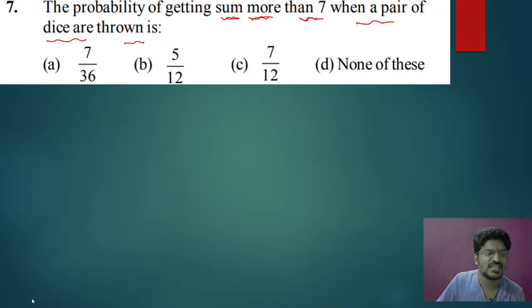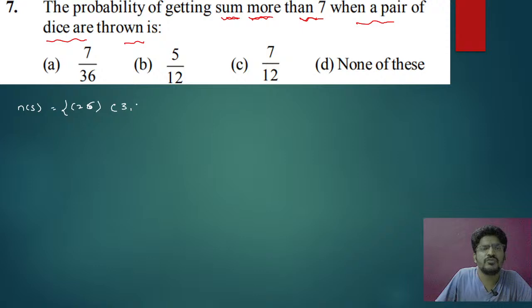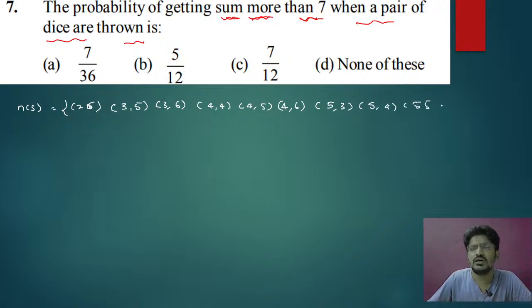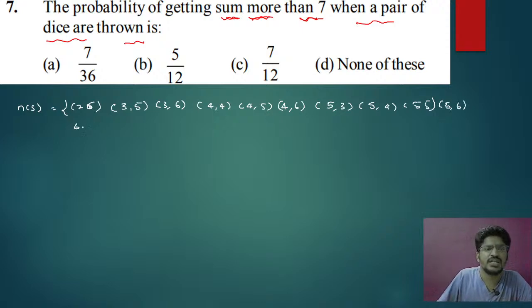So you just collect the number of sample spaces. The sample spaces with sum more than 7 are: 2,6; then 3,5, 3,6; then 4,4, 4,5, 4,6; then 5,3, 5,4, 5,5, 5,6; and then 6,2, 6,3, 6,4, 6,5, 6,6.